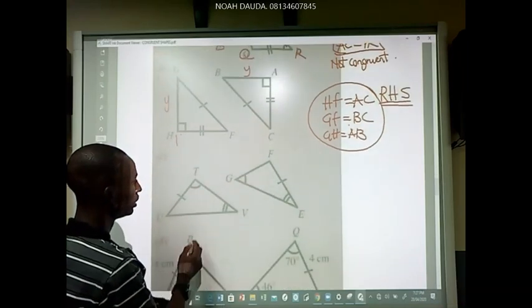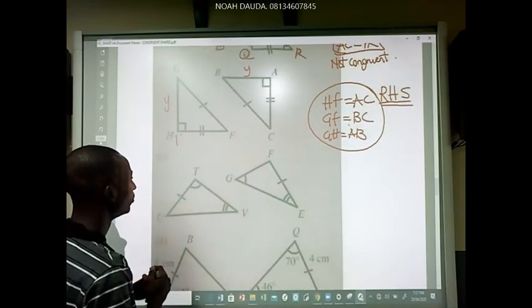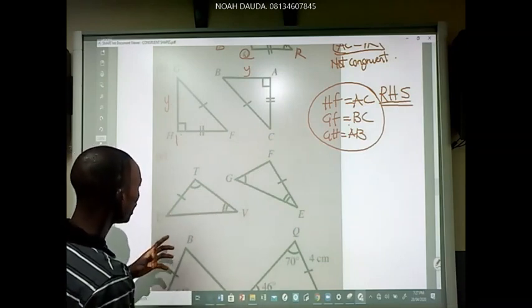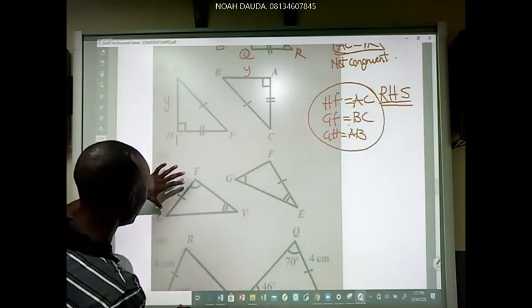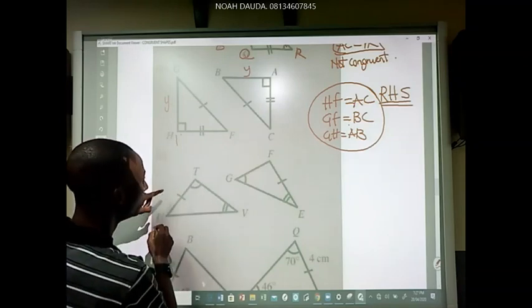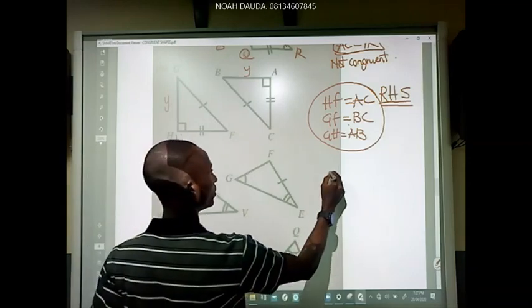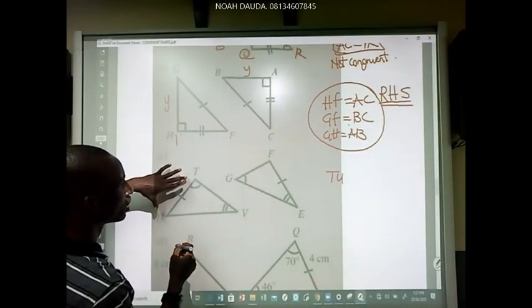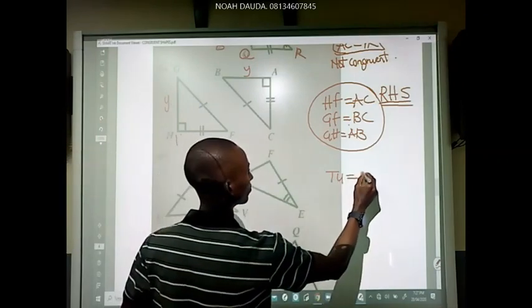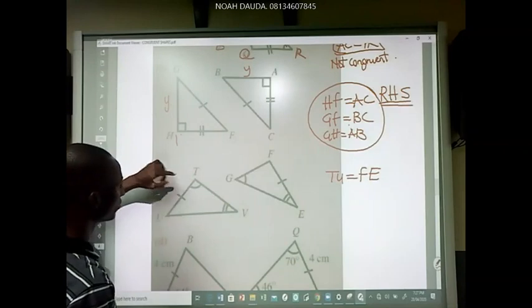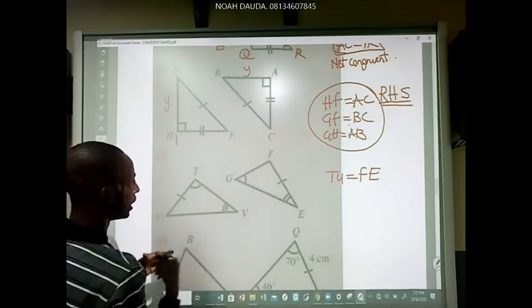Now let's consider these two triangles. Let's see if the two are congruent. To start with, CU is equal to FE. This line is equal to this line.